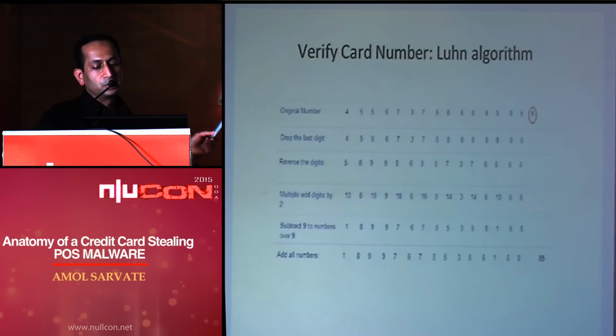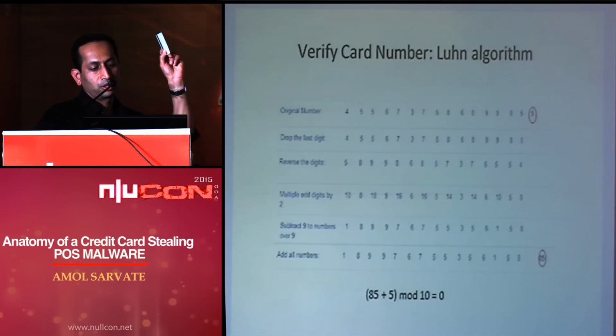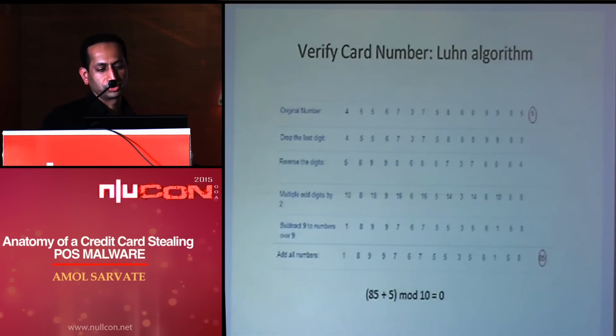At the end of the day, you add all the numbers, and in this case what you get is 85. You add 85 and the first number that you dropped, and you do a modulo 10 of those numbers. If the answer is 0, then it's a valid credit card number. It may sound very involved, but actually it's a pretty simple algorithm, and it's used everywhere.